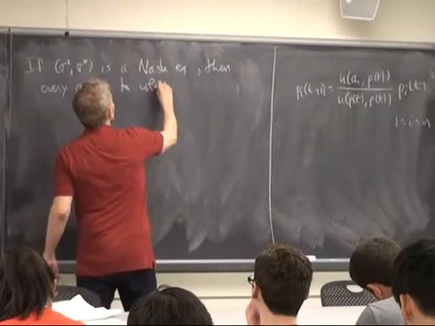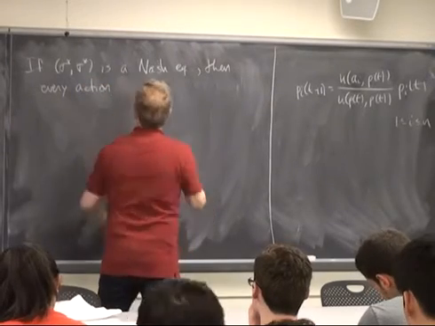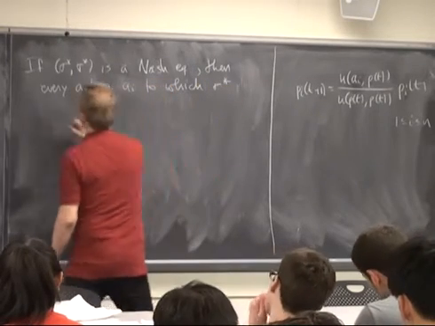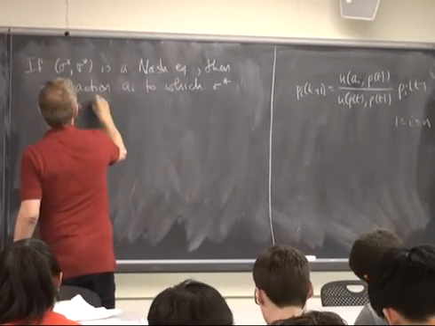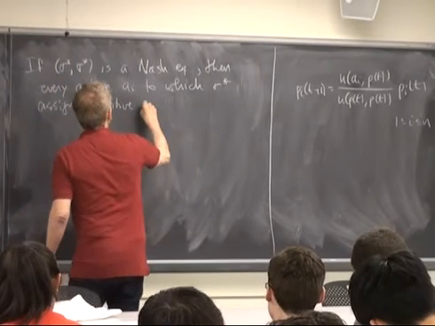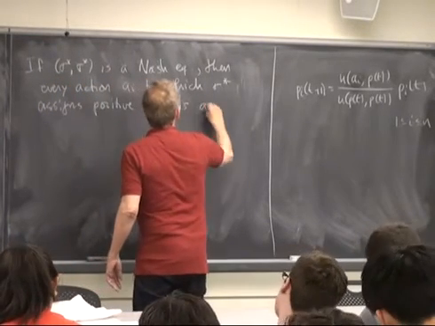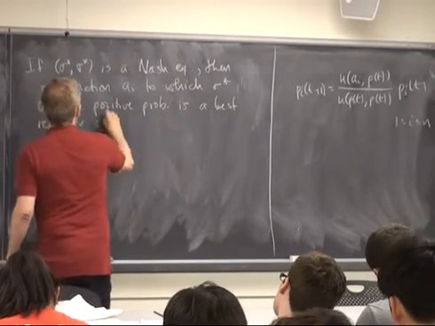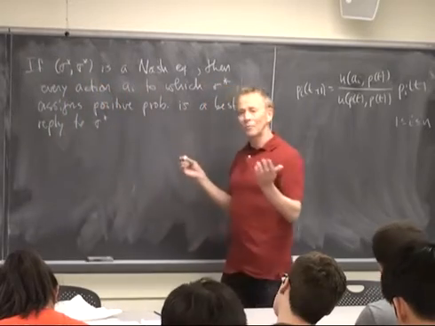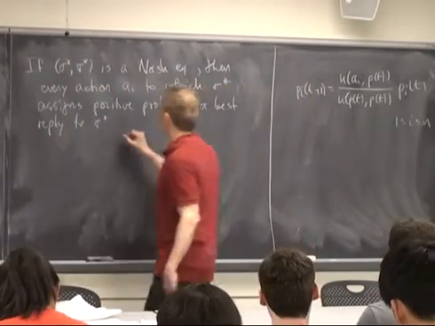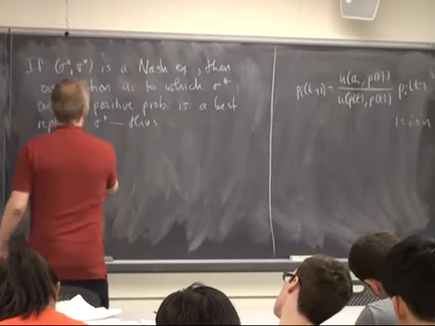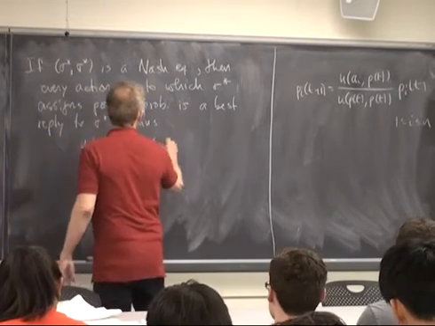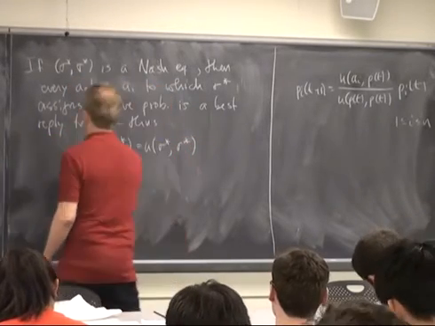So every action, and I'll put a sub i, to which sigma star assigns positive probability is a best reply to sigma star. And of course, sigma star itself is a best reply to sigma star. Thus, u of ai comma sigma star has got to be equal to u of sigma star for all such i's.